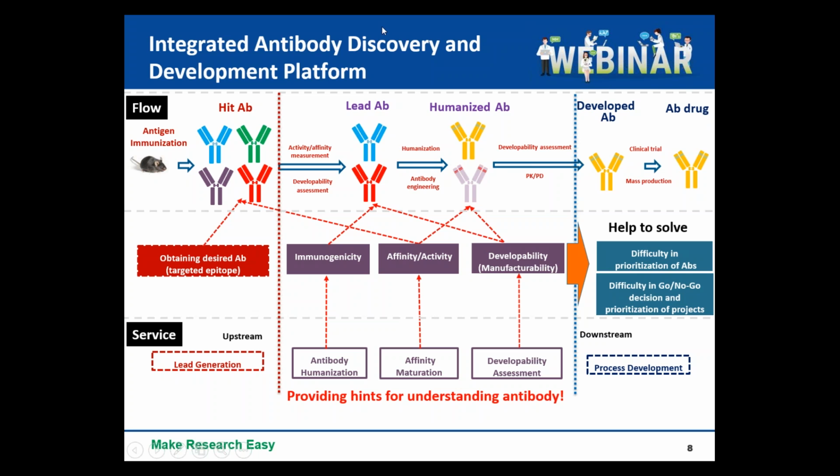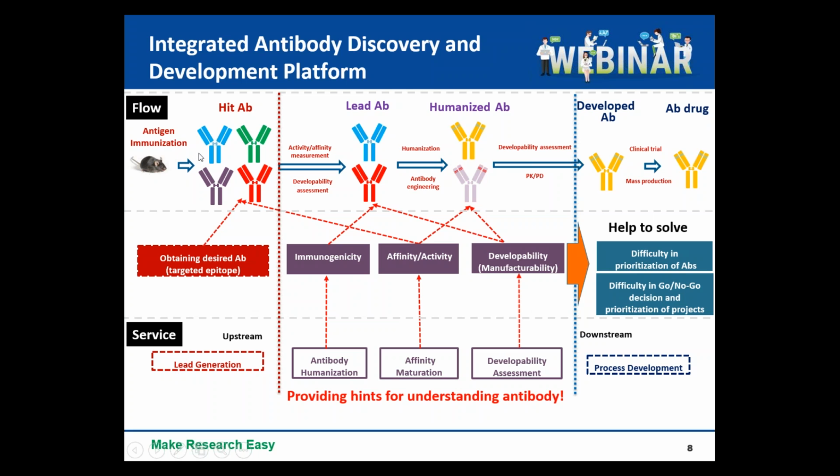So, a bit more detail on our platform. I know this is a very busy slide, so I'll deconstruct it for you. The top half describes the flow of the molecule, and the lower half describes the service that we provide.